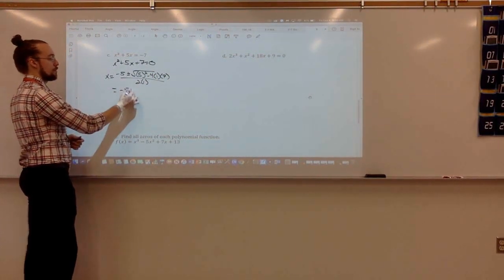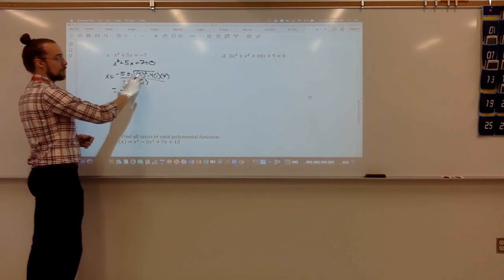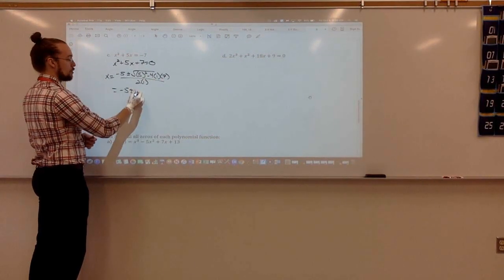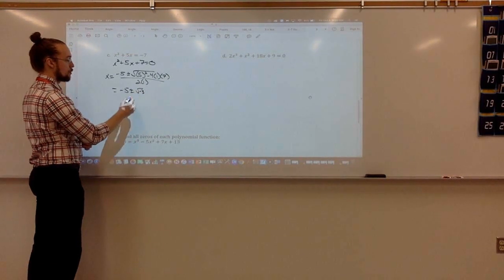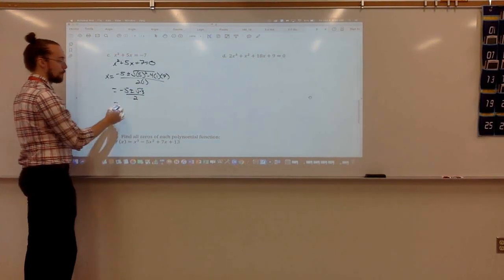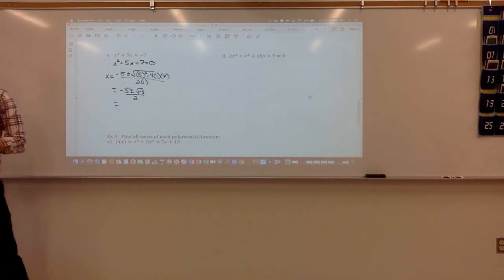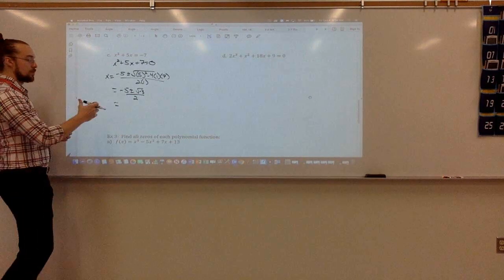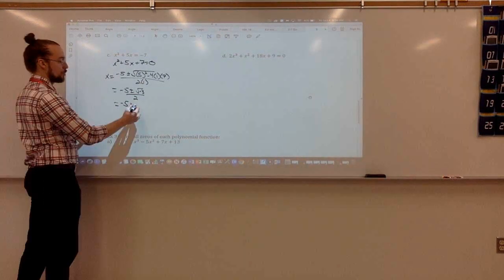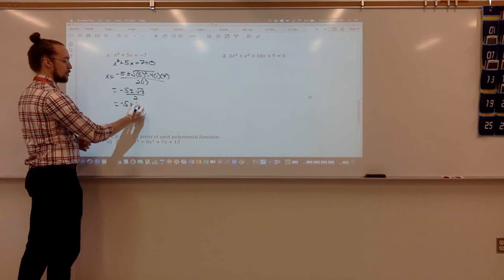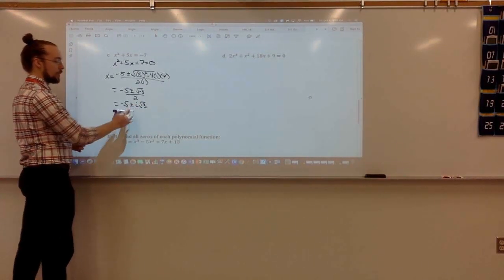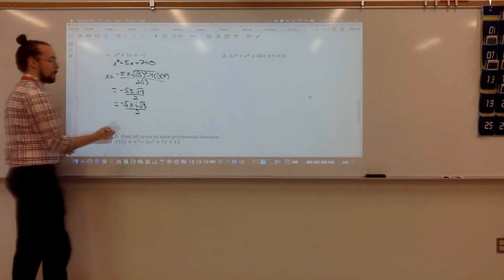If we simplify that, 25 minus 28 would be negative 3, over 2. Then if I have a negative number inside the radical, 1 times the square root of 3, I'll just go ahead and write the square root of negative 1 as i.